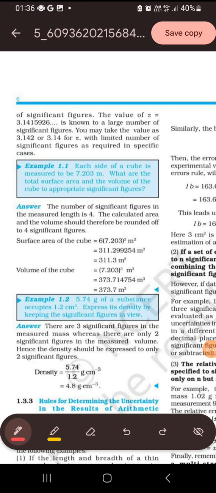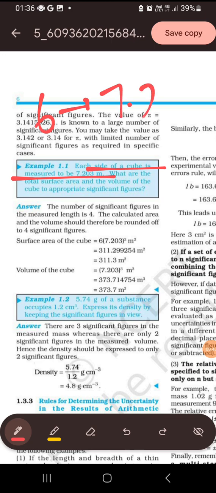You must write that. Okay, the first question: each side of the cube is measured as 7.203 meters. A cube has 6 sides, so each side is represented as 7.203 meter. They are asking for the total surface area.